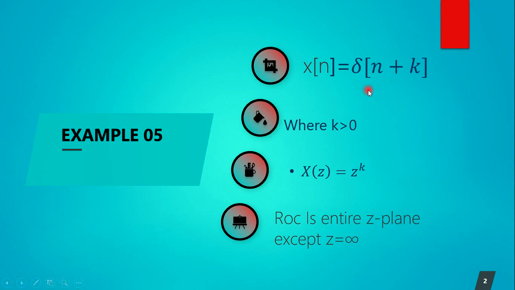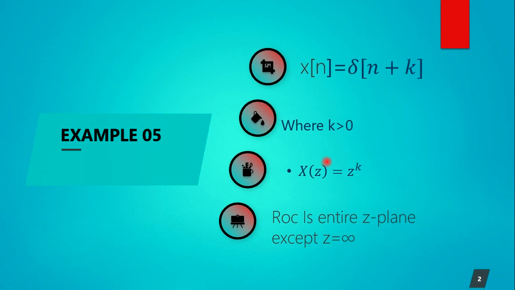So the same phenomena will happen, and in this case Z transform would be z power k and ROC will be entire Z plane except z is equal to infinity. If we substitute value of z infinity, this Z transform of x of n would become undefined. So that's it for today's lecture.